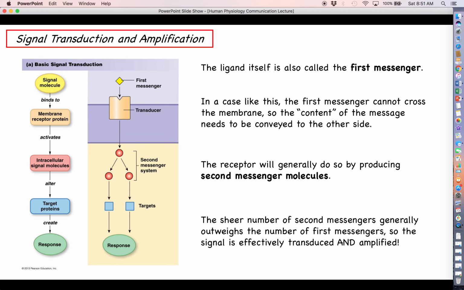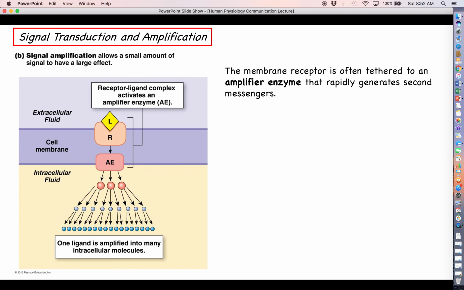The amplifier enzyme rapidly produces many second messenger molecules. Those second messengers are going to have effects on proteins inside the cell. That's what you see here, these little blue squares. These are target proteins that, when they interact with those second messengers, are going to in some way change their function, and it's that change in function which is going to produce our desired physiological response.